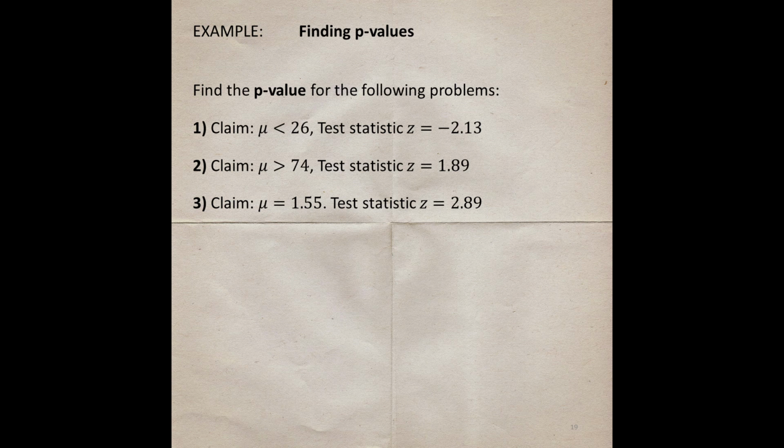Claim mu is greater than 74. Test statistic z equals 1.89. 3. Claim mu equals 1.55. Test statistic z equals 2.89.